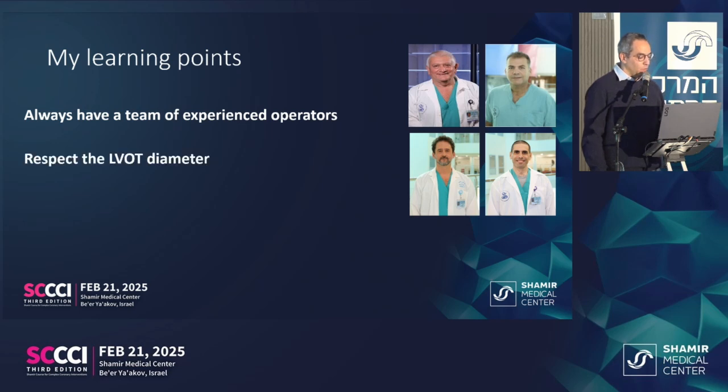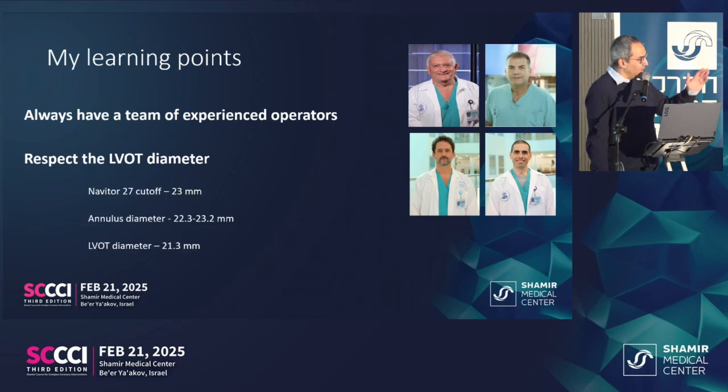And then for your question, Leo, I think you have to respect the LVOT diameter. So if you look at the numbers again, the Navitor cutoff for 27 is 23. The annulus diameter in multiple measurements, both us and the clinical specialists of Navitor, was between 22.3 and 23.2. So we decided to go oversized because she's young, we want a large valve, she might need another valve in the future, it's intraannular.